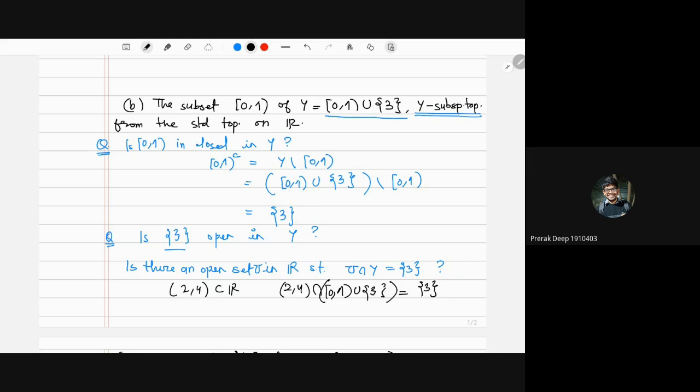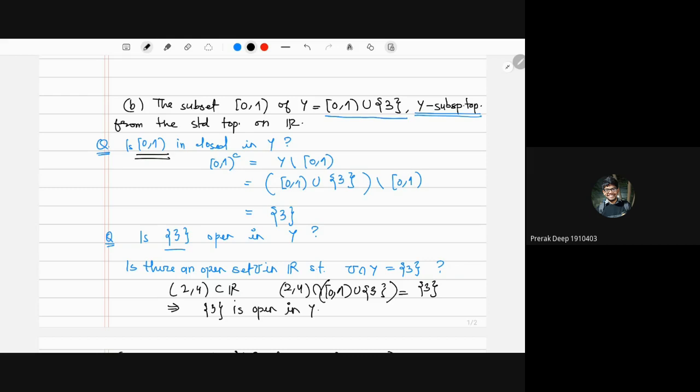So this implies that {3} is open in the subspace topology on Y. Since {3} is open in Y, its complement in Y will be closed. So that means this interval [0, 1) is closed in Y.